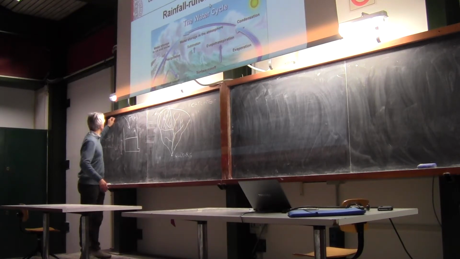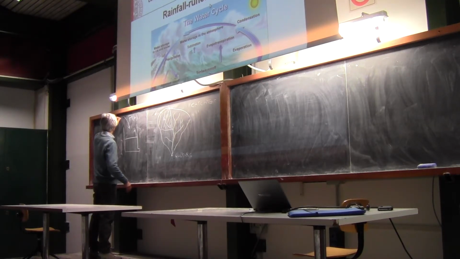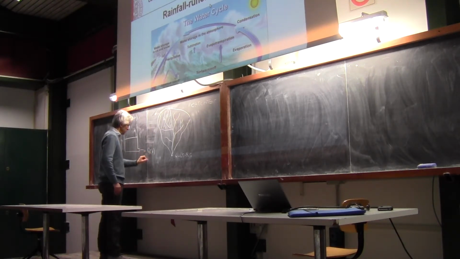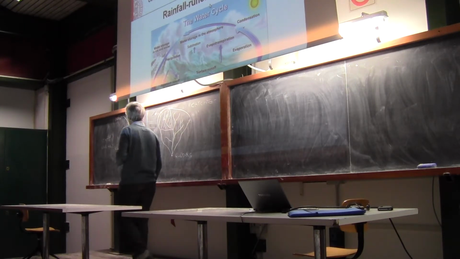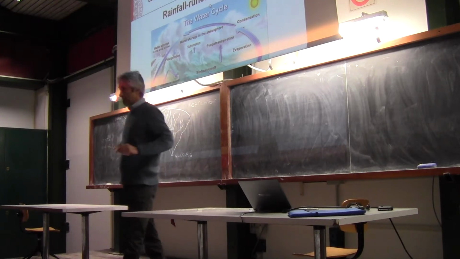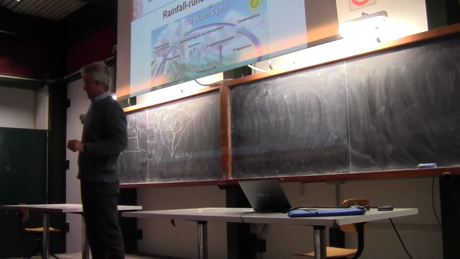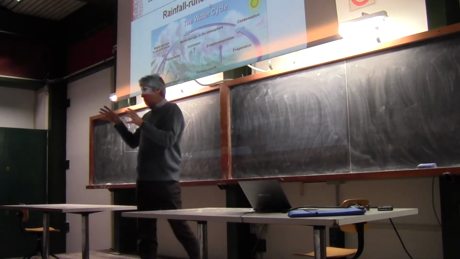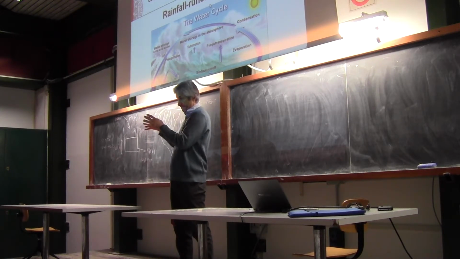It's not an input variable. Rainfall is input. River flow, let's call it Qt, is the output. And the storage is a state variable. So in this kind of conceptual model, conceptual means that it is mimicking the reality.